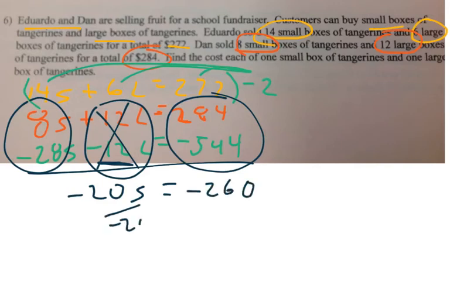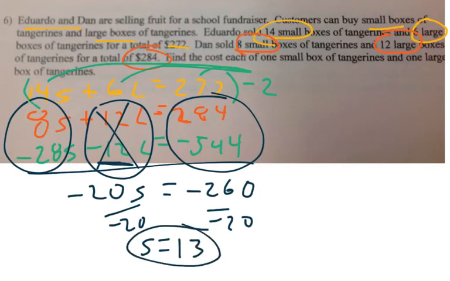All I need to do now is divide by negative 20. And the small boxes are $13 a piece.